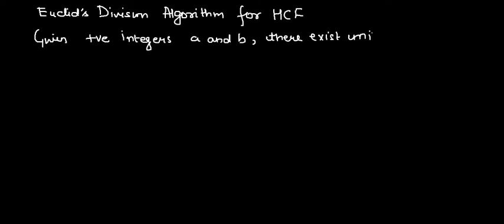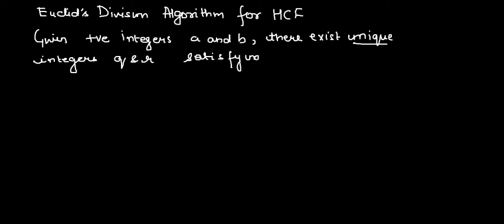Now this unique is a very important word out here. Unique integers q and r, such that they satisfy the following, satisfying the fact that a equals b into q plus r.